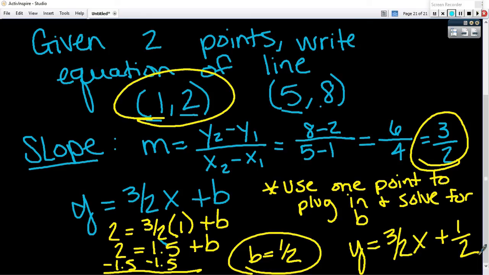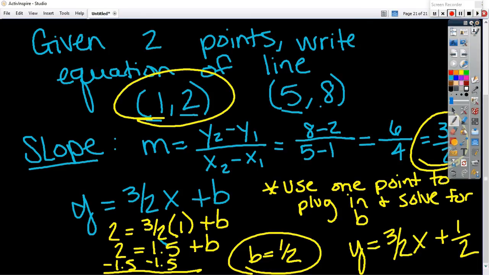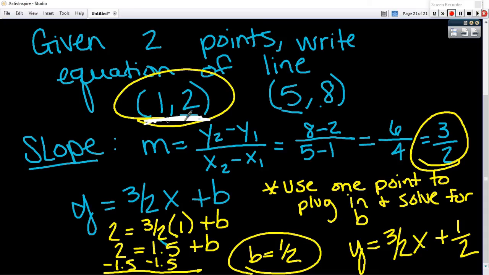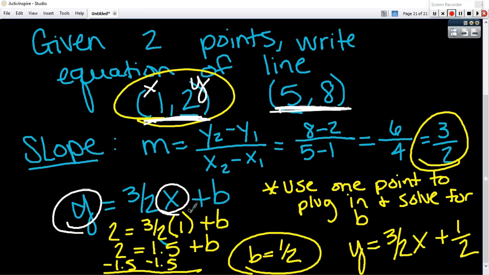So all you do, and you could have used either point, pick one of these 2 points that you started with. Okay? Let this be X and this be Y, and you plug it in for these two. That's it. When you plug it in, then you get B by itself, because in my equation, I need to have a number for M and a number for B. So I had to find out what B was.